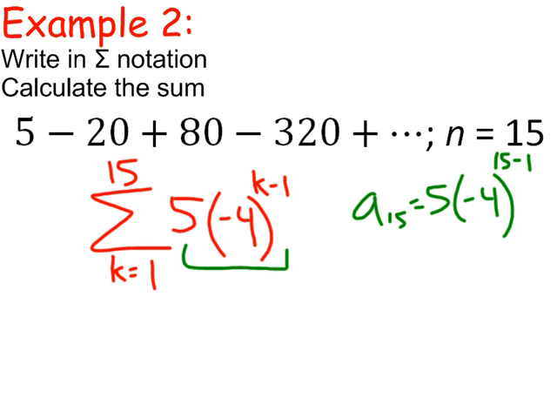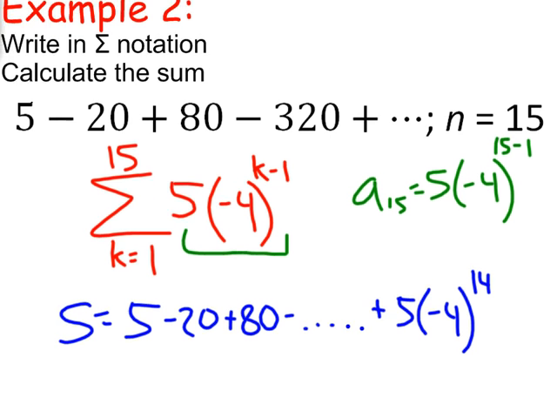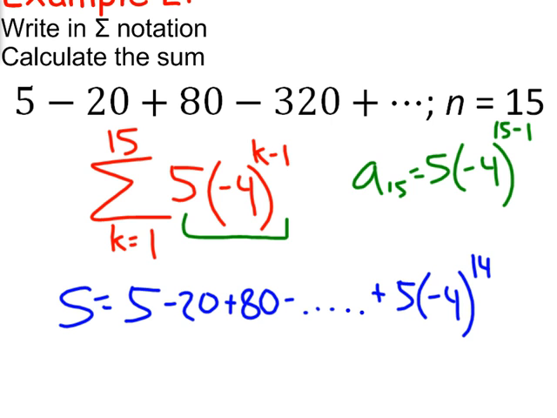I'm simply going to write s equals 5 minus 20 plus 80, all the way up to 5 times -4 to the 14th power. I'll go ahead and simplify that. Again, similar to the last example, I'm going to go a little more quickly since it's the same idea.